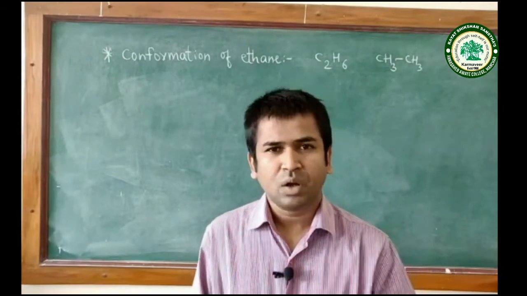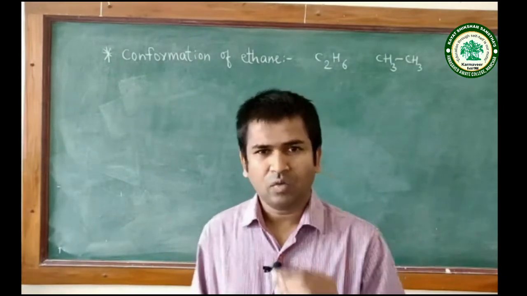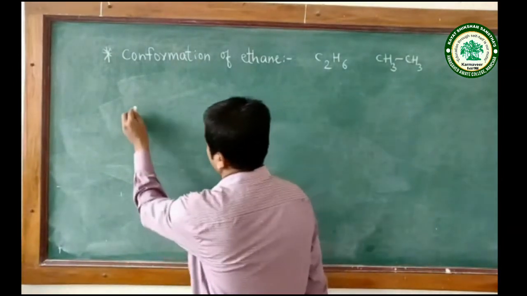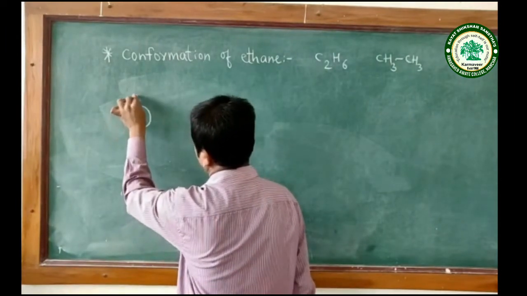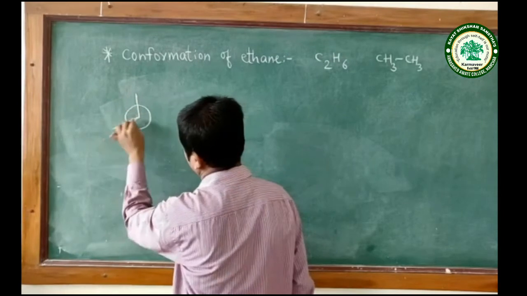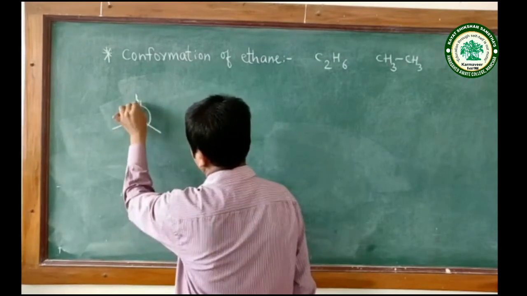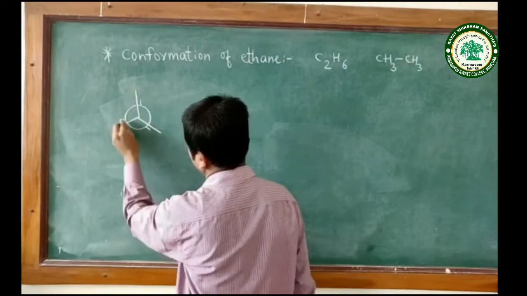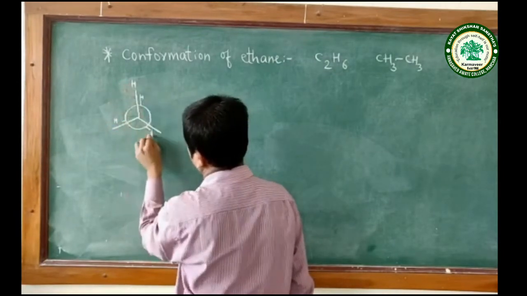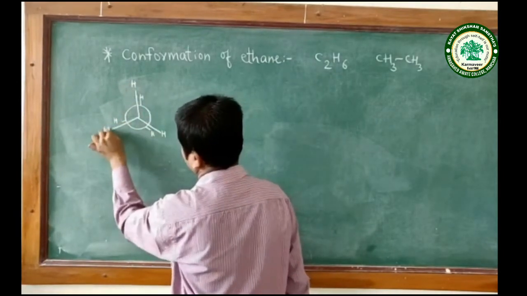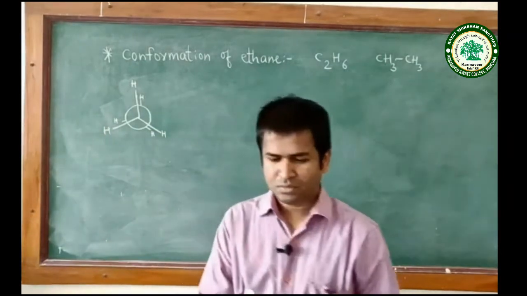Now we draw the Newman projection formula of ethane in the eclipsed conformation. Like this.